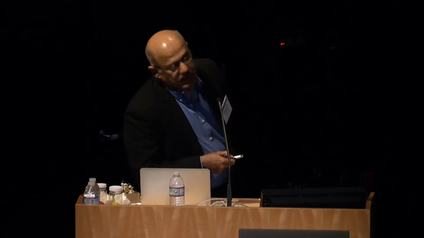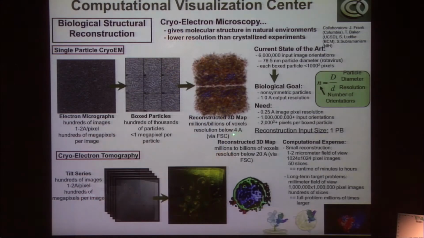This entire process of reconstruction itself, if I do back of the envelope calculations, the current state of the art is using something like less than 1,000 squared pixels. And if I want to go down to 1 angstrom resolution, which is what people are trying to do as the holy grail in cryo-EM, can you get atomistic structure? Because currently, the best of models which utilize symmetry are down to 4 angstrom, which is fantastic.